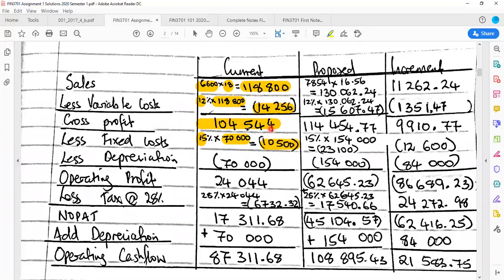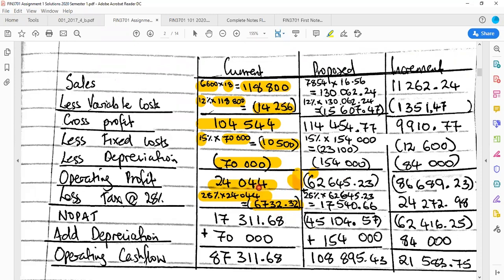I subtracted 104,544 minus 10,500, which is the fixed cost, minus depreciation per year for the current assets, which is 70,000. That gave me 24,044. I subtracted 28% of this amount, the tax, and that gave me 6,732. So this is the tax.